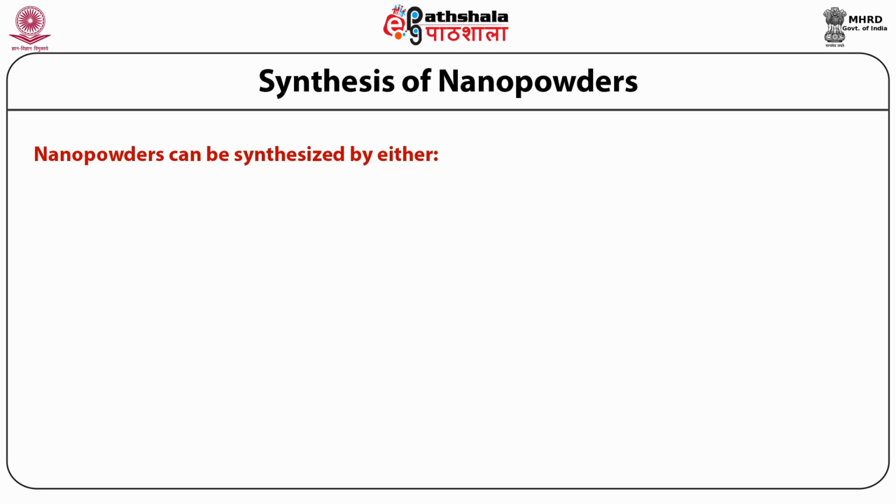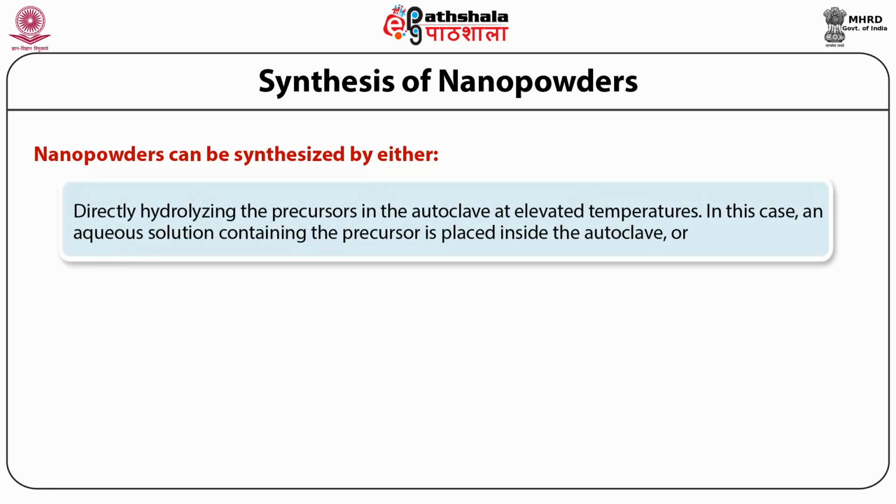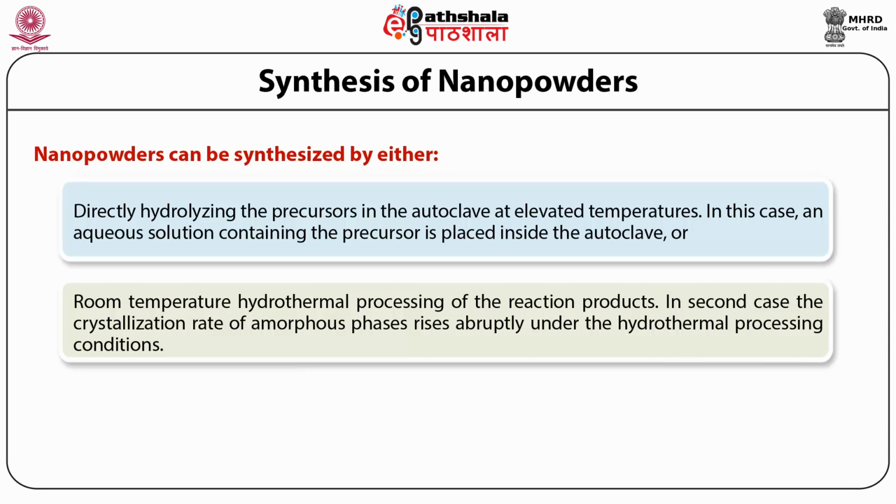Nanopowders can be synthesized either by A, first directly hydrolyzing the precursors in the autoclave at elevated temperatures. In this case, an aqueous solution containing the precursor is placed inside the autoclave. Or B, room temperature hydrothermal processing of the reaction products.